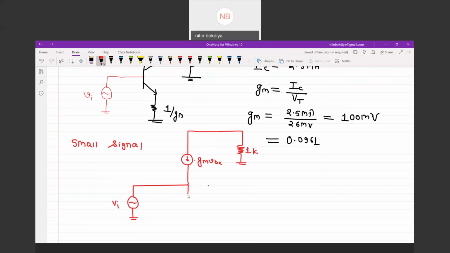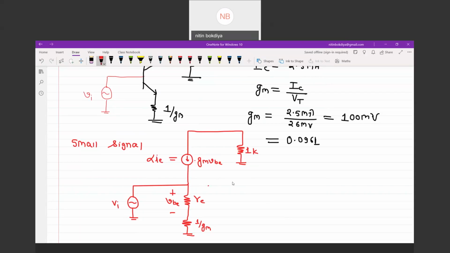Then we have R pi and the resistance 1 by GM. This value is RE, this is VBE, and this is 1 by GM, or this value is also equivalent to alpha into IE.